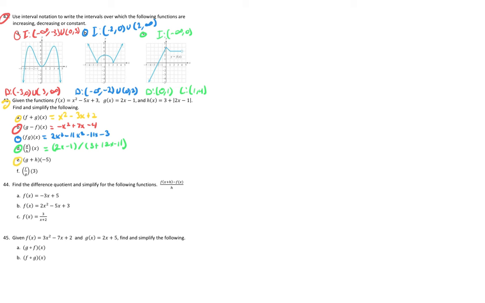E, g plus h of negative 5. So g plus h negative 5 will equal 2. Anytime I see an x, I'll replace it with -5 plus our h, which will be 3 plus the absolute value, 2, replace it with -5, -1, absolute value.